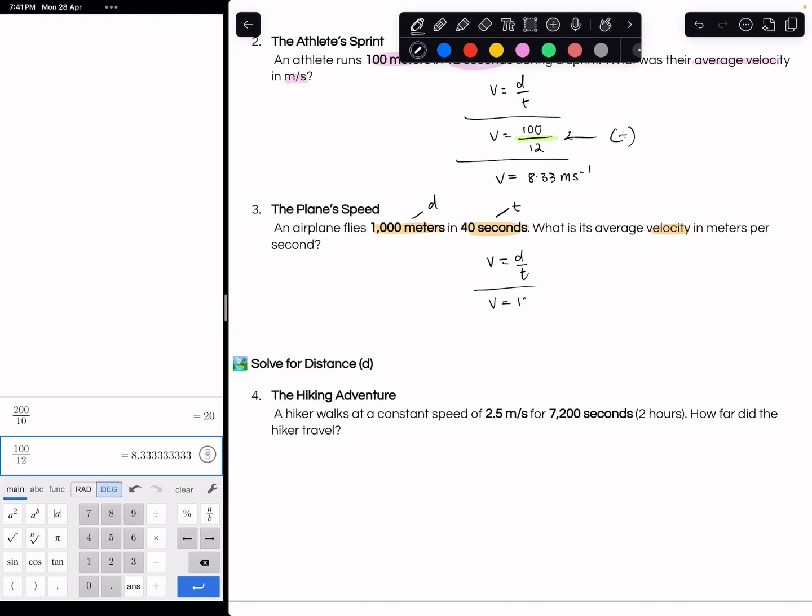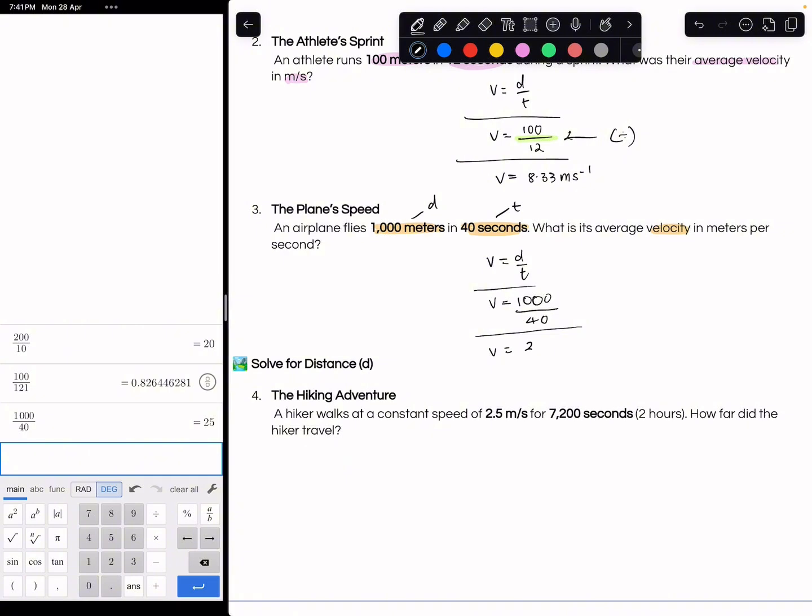We've got 1,000 meters and 40 seconds. So in 40 seconds, this plane is traveling 1,000 meters. What is its velocity? All we have to do is 1,000 divided by 40, and that is 25 meters per second. Okay?